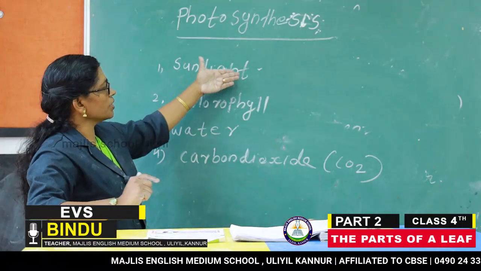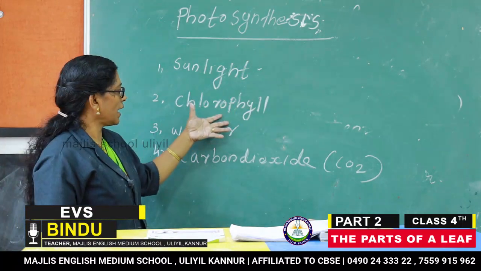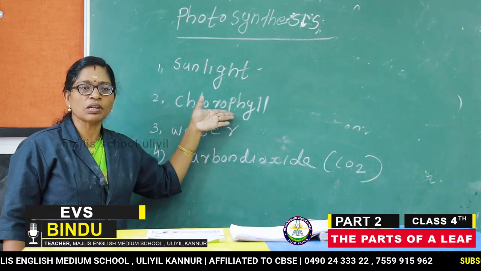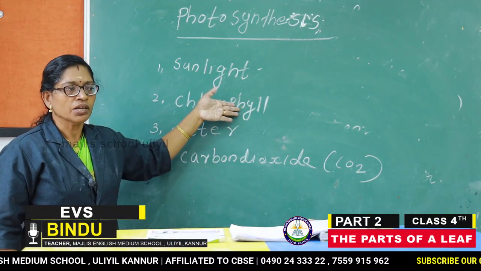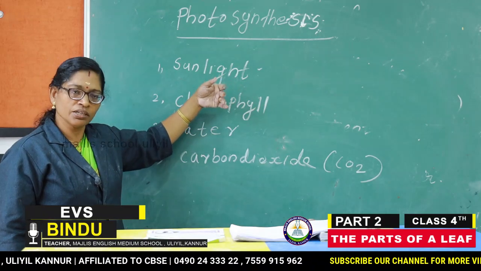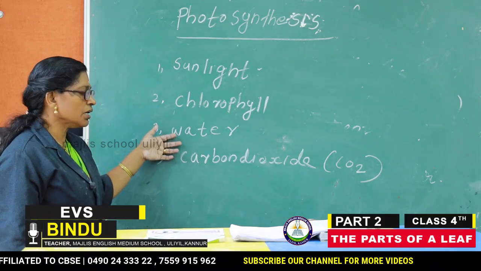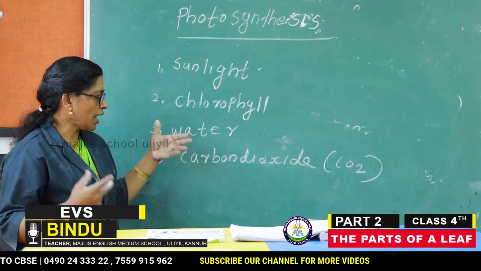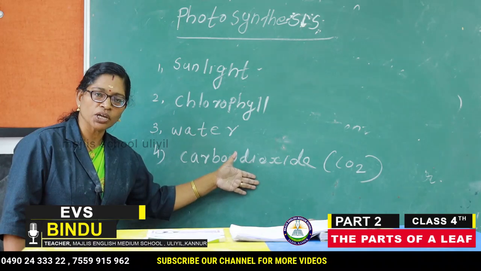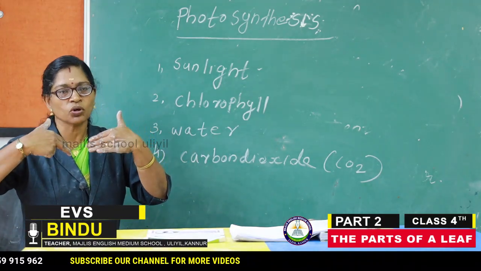Here you can see sunlight. Sunlight we get from the sun. And chlorophyll. Chlorophyll is present in leaves. In which part is the food making process going on? Okay, in the chlorophyll leaf. Then water we get from the atmosphere and carbon dioxide also. We breathe out carbon dioxide and breathe in oxygen.